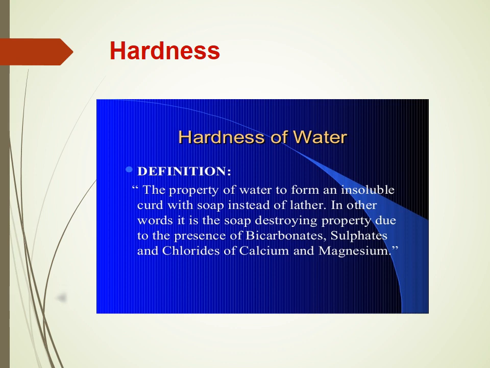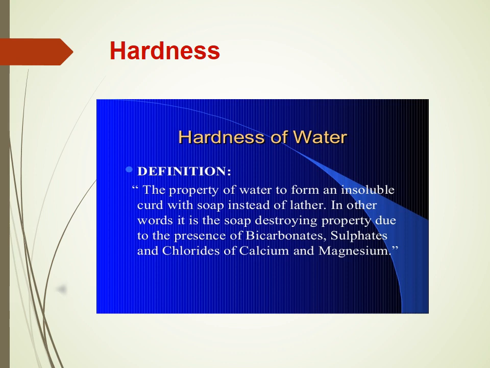But when such water contains impurities in the form of calcium and magnesium ions, and is mixed with soap, then it does not form lather with the soap, and that's why such hardness causing impurities cause the hardness of the water.